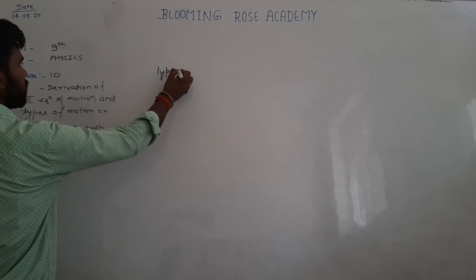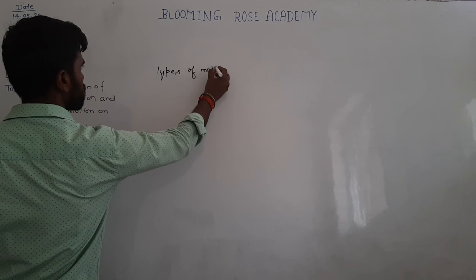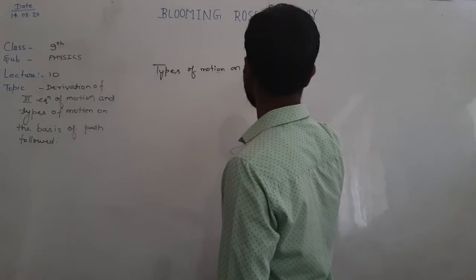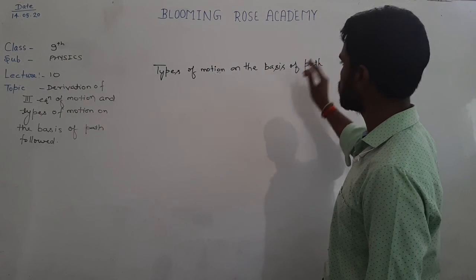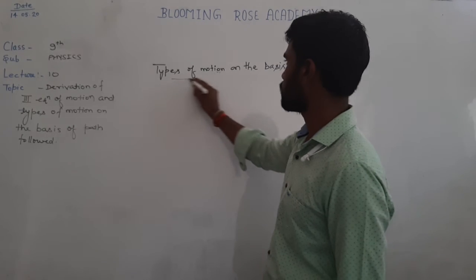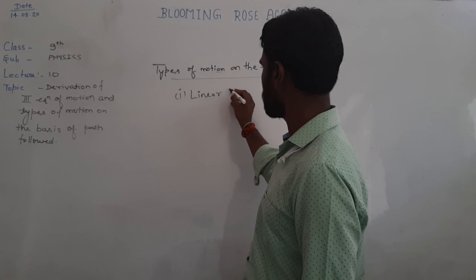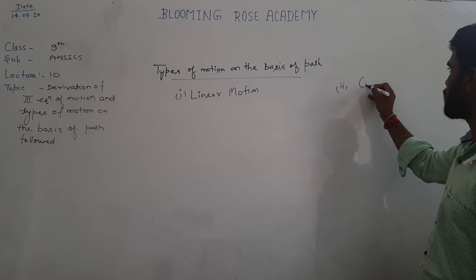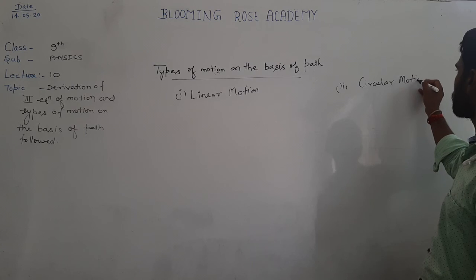We have two types of motion: the first one is linear motion and the other one is circular motion.